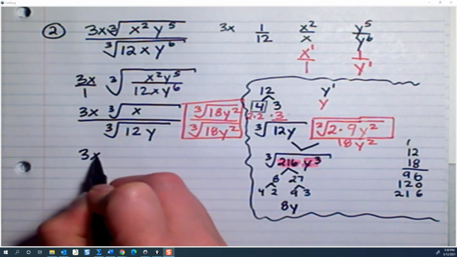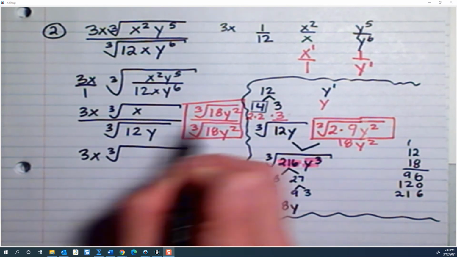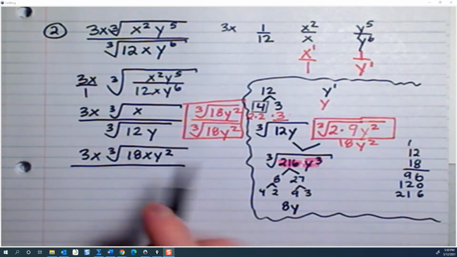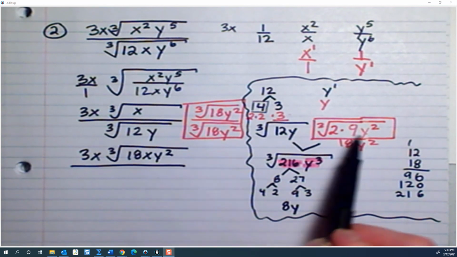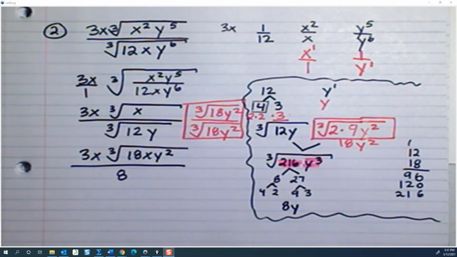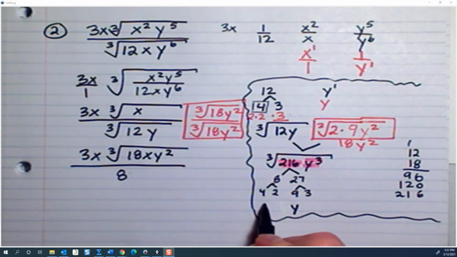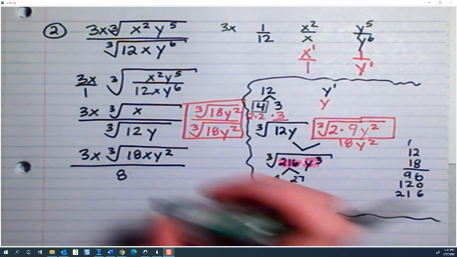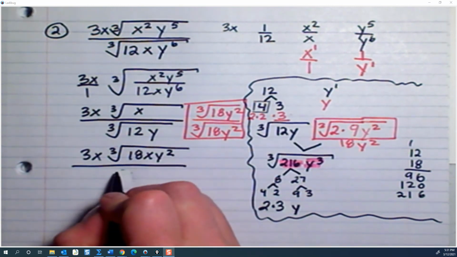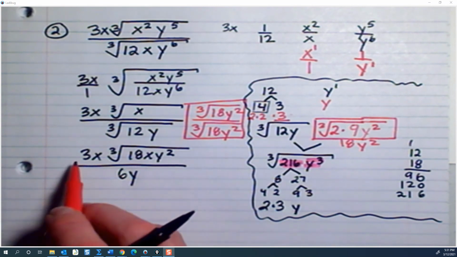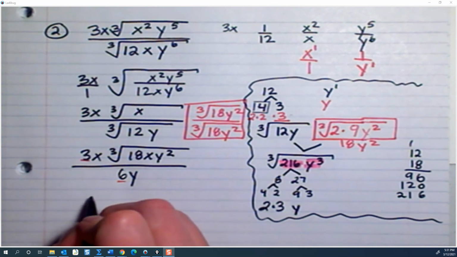All right, 3x cube root of 18xy squared all over, okay, notice I already did this multiplication right here, and it comes down to, oh, not 8y, silly, 6y. Because look, the perfect square is 2 and 3, perfect cube. So it comes down to 6y. Oh, no way. More simplifying with the 3 and the 6.